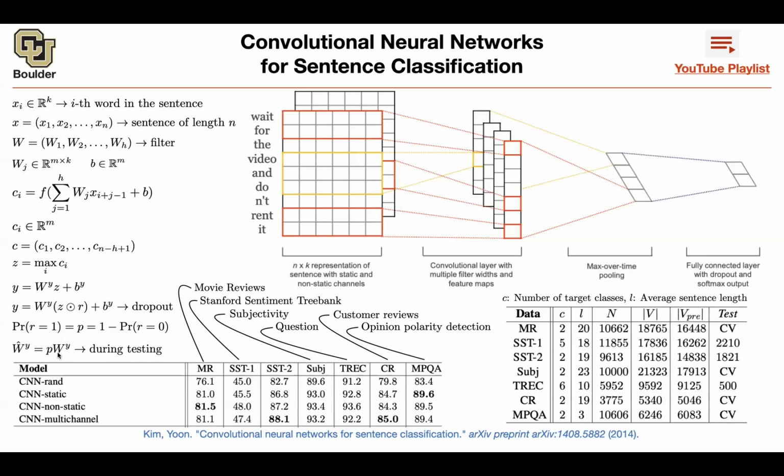When it comes to prediction, you take your weights and multiply them by the dropout probability. And you can actually draw the conclusion that this is 2/3 for our example. And the other thing is when you're actually doing the training, there's going to be some randomness going on. When you want to do the testing, you don't want your algorithm to behave randomly when you put it in production.